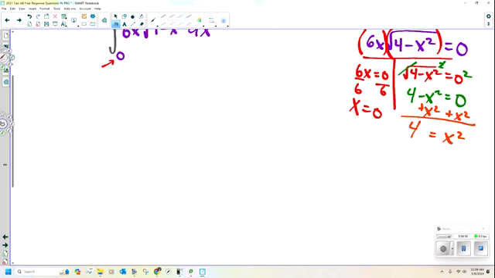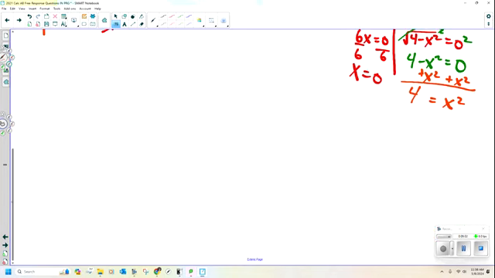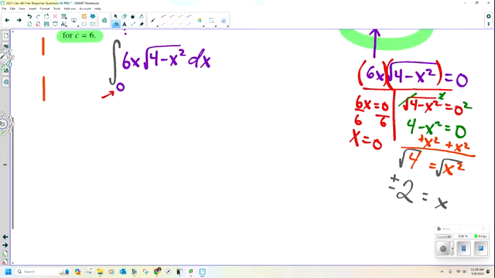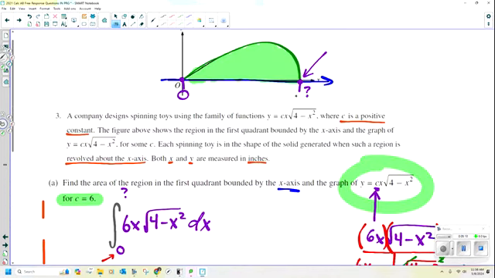And I tell you what, the number of people that just tell me x is 2, when you take the square root, it's positive and negative 2. The only thing I'm looking at here, though, is I'm only concerned about the first quadrant. Okay? Now, if this is positive 2, at negative 2 here, we have another 0.